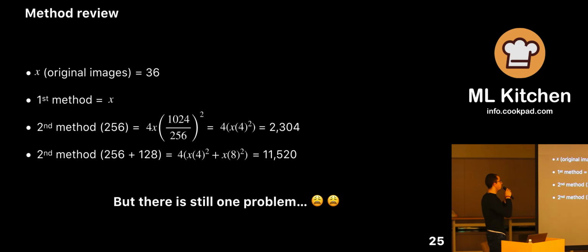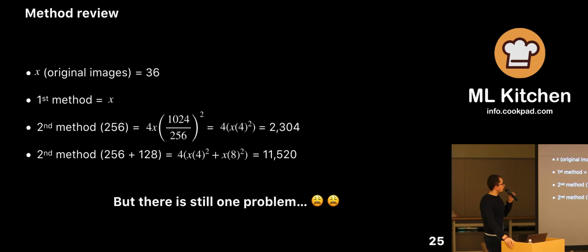So if I review the method, for the first one, if x is the number of original images, I had 36 images. So for the first method, manually, the number of images was just x. For the second method, if I split by 4 rows and 4 columns, I can have 2,304 images, so it's way better.